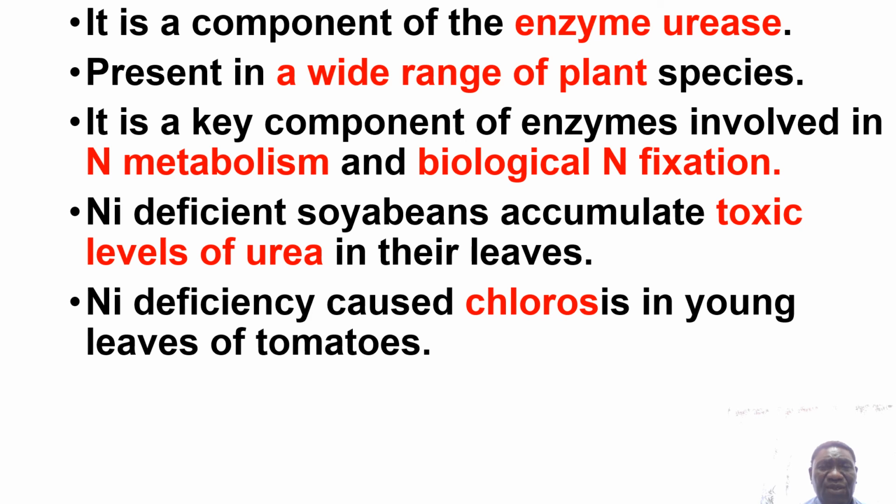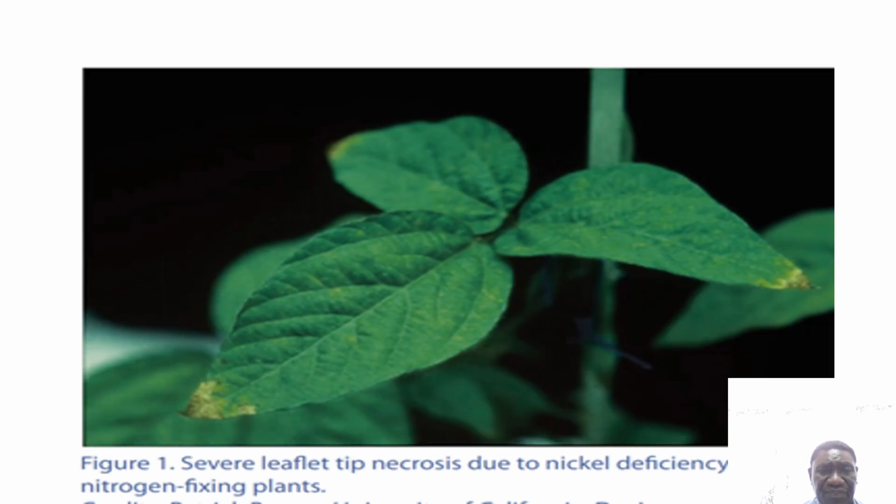Nickel deficient soybeans accumulate toxic levels of urea in their leaves. Nickel deficiency can cause chlorosis in young leaves of tomatoes. So this could be nickel deficiency symptoms at the edges of the leaf.